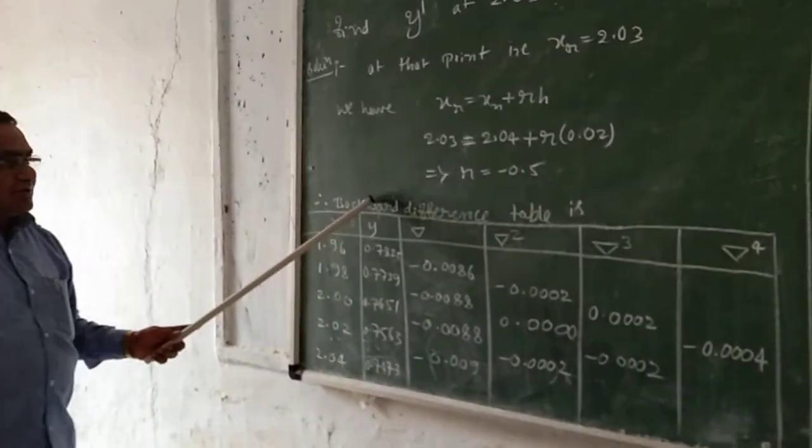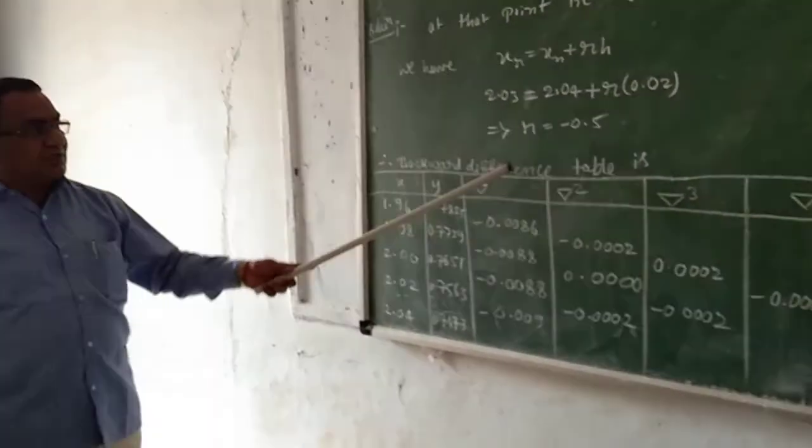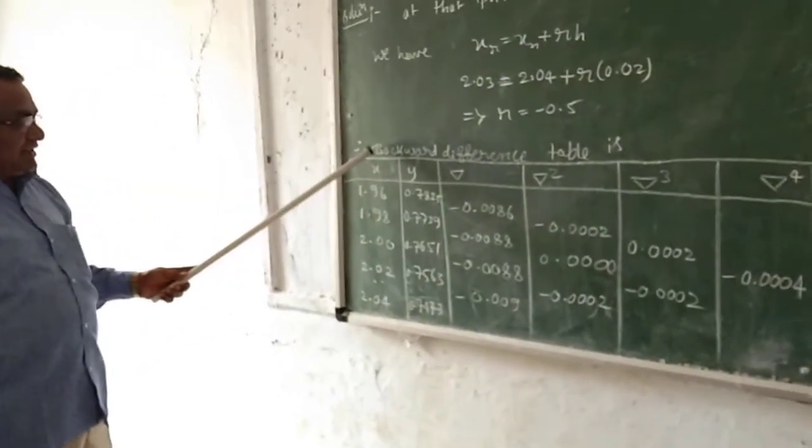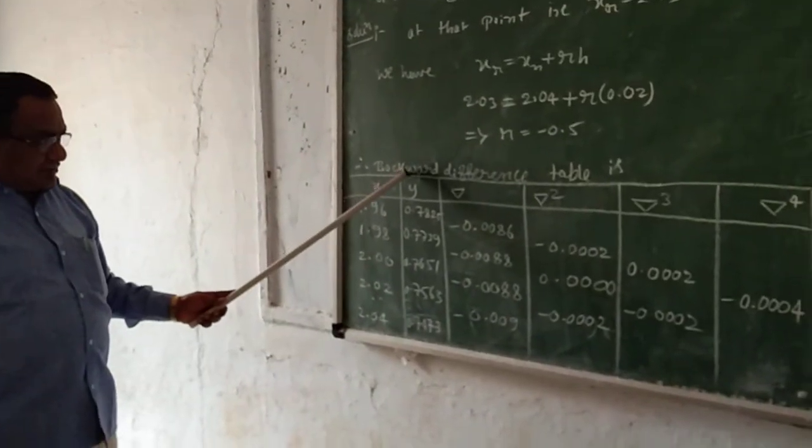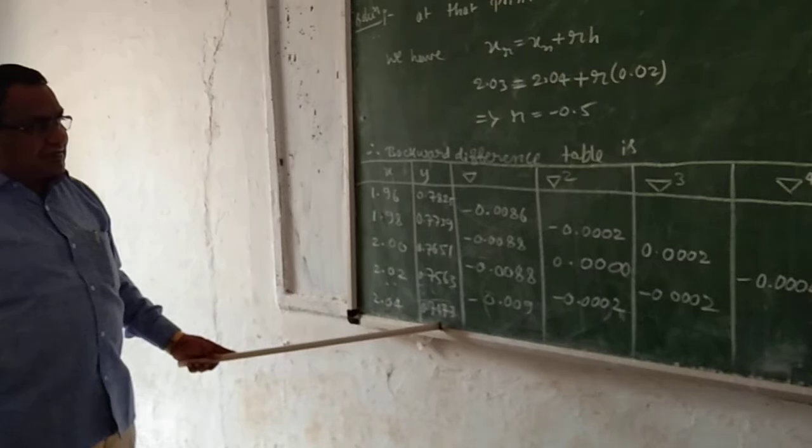And here you construct the backward difference table. For that you write the given values of x in the first column and given corresponding values of y in the second column.